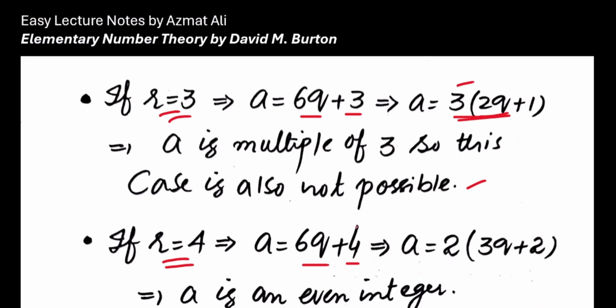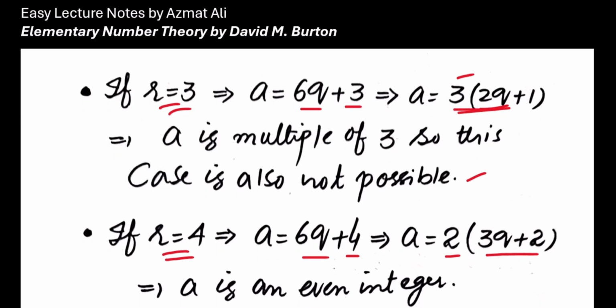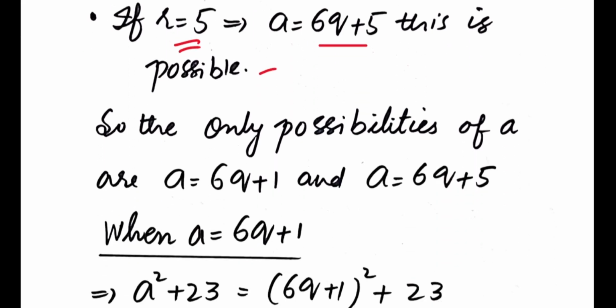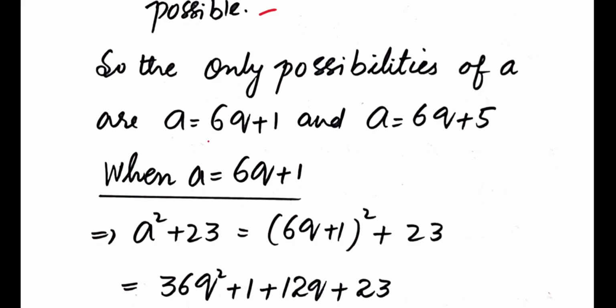By taking 2 common, a is equal to 2 into 3q plus 2. This is again an even integer because it is a multiple of 2. So this is not possible. When r is equal to 5, a is equal to 6q plus 5. This is possible. So the only possibilities for a are either the 6q plus 1 form or 6q plus 5.